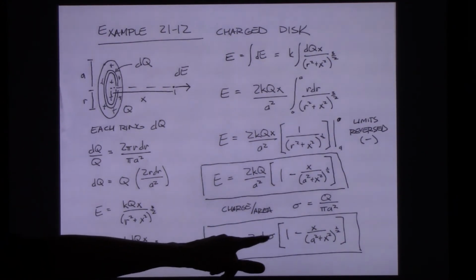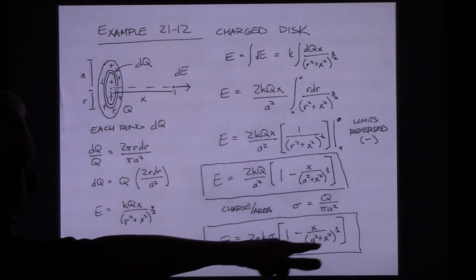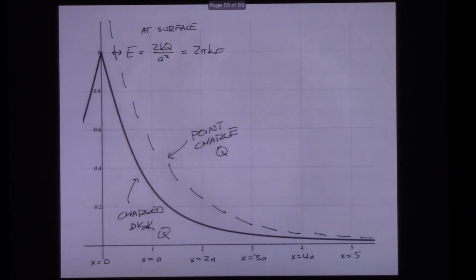This is just a bunch of constants out front. But I wanted to see what shape this function was of x, and that's it. And what happens is that function starts out being 1 at that point, and then it drops to 80%, 60%, 40%. So that's what this axis is keeping track of.